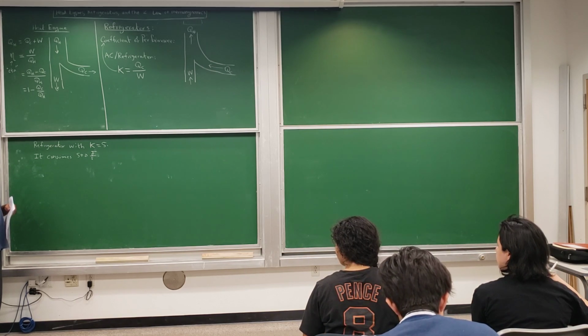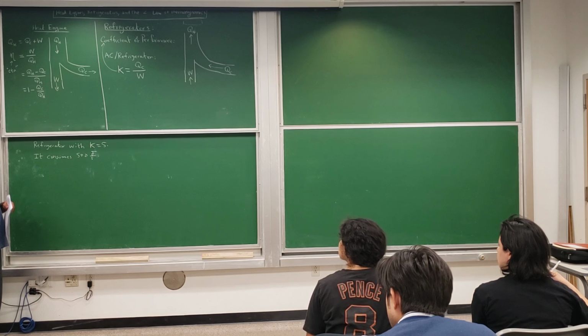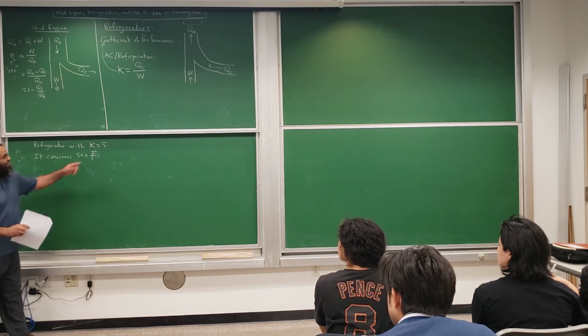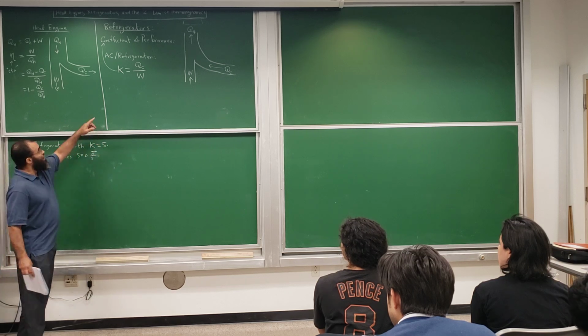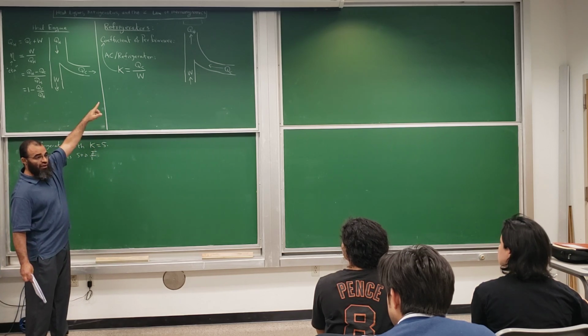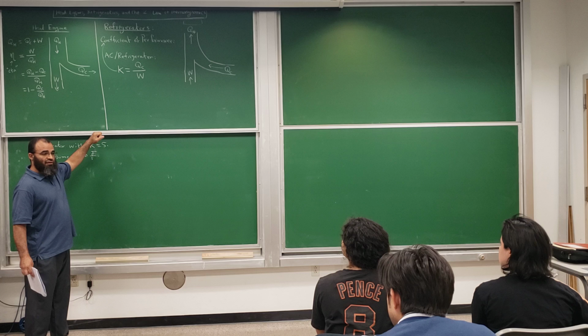Is K a percentage? K is, in this case, well, it would be 500%. No, it's actually just 5, the number 5. Meaning, you do 1 joule of work and you can remove 5 joules of heat.